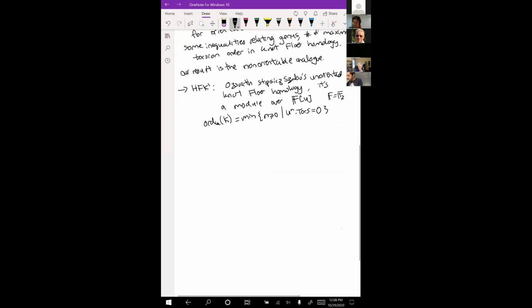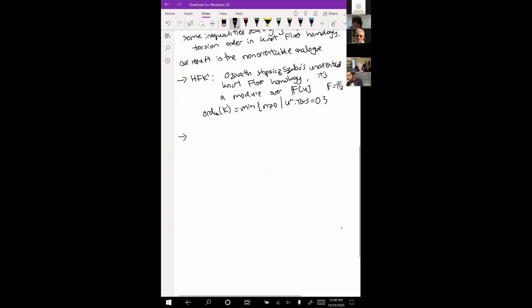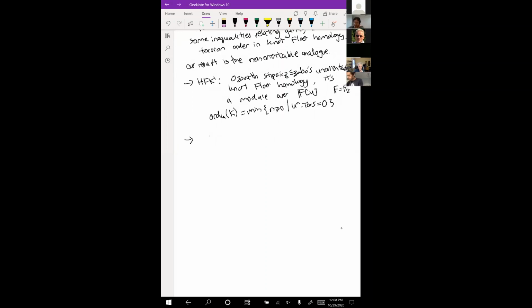Okay, and then the version of instanton Floer homology we're going to be using is singular instanton homology with local coefficients. This was defined in a recent paper by Kronheimer and Mrowka.